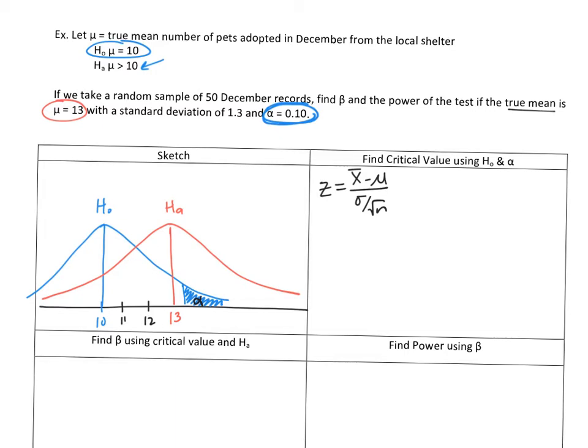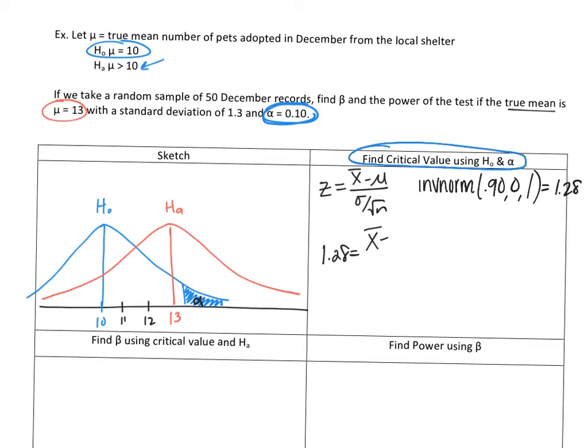In order to find the z-score for this value, I know this is 10%, so area to the left is 90. Inverse norm, 0.90, and that z-score value is 1.28. So let's plug it in. 1.28 equals x, I don't know what that is, minus mu. Remember, for this instance, we are merely using the information on the null curve.